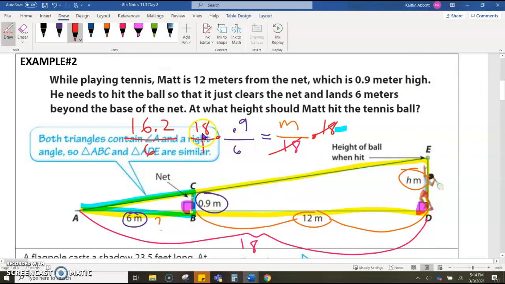So the height that he needs to throw the ball, so m equals 2.7 meters. So he needs to hit it at 2.7 meters high.